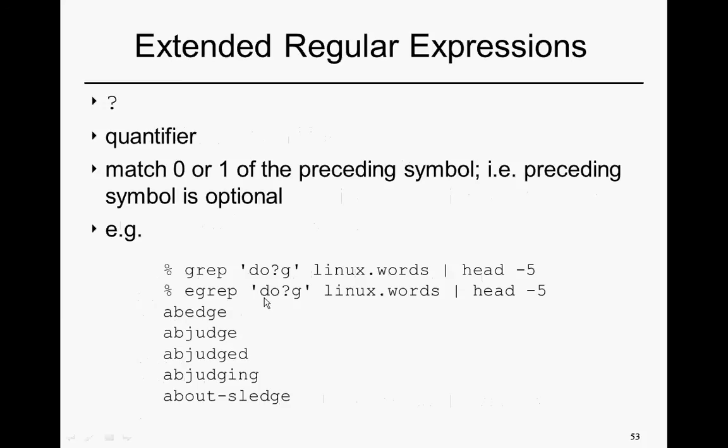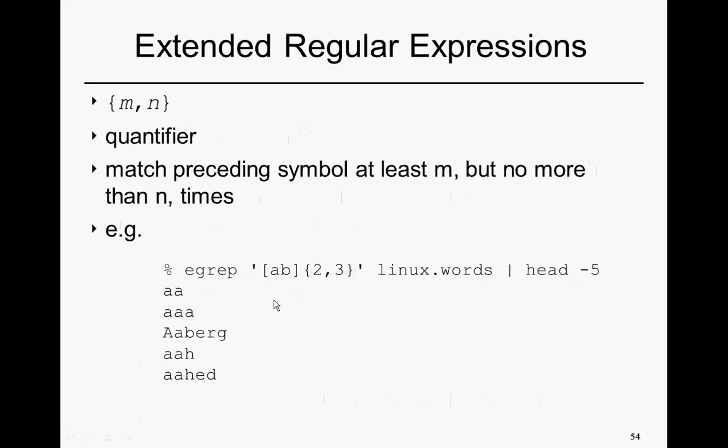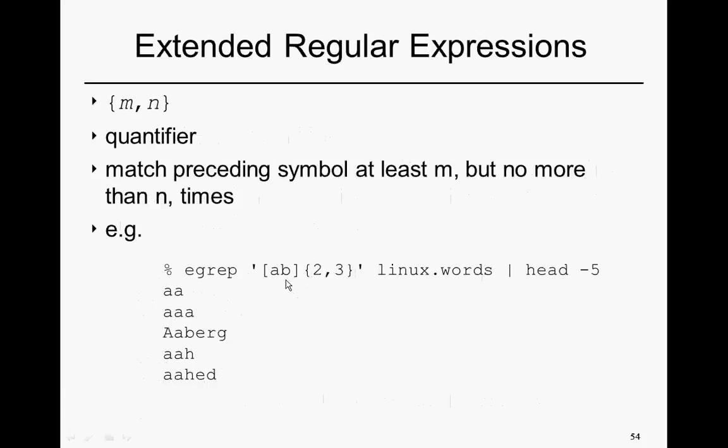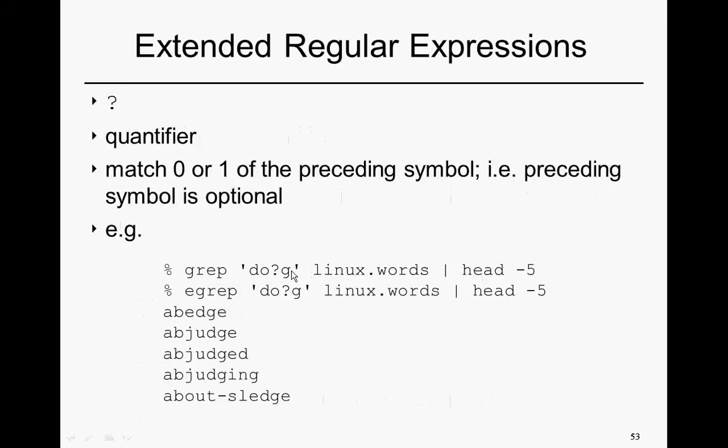Just either 0 of them or 1 of the O's. And I want to emphasize that you can compose these things. So you can have D, square brackets A B N, and then a question mark, and we'll have 0 or 1 of those.